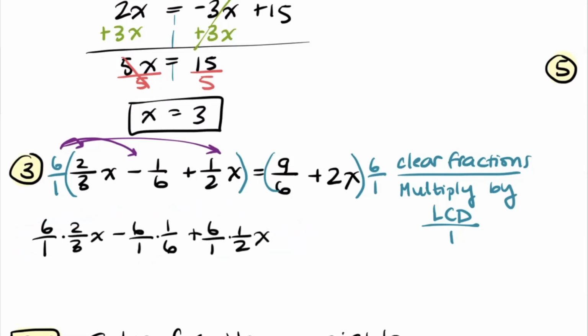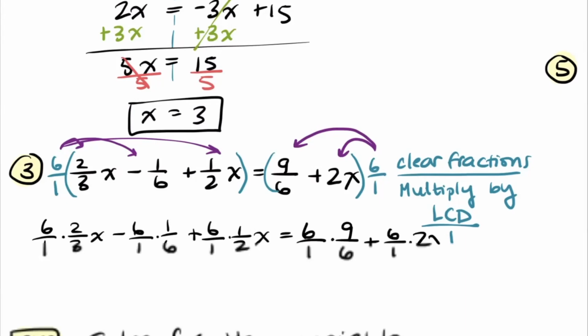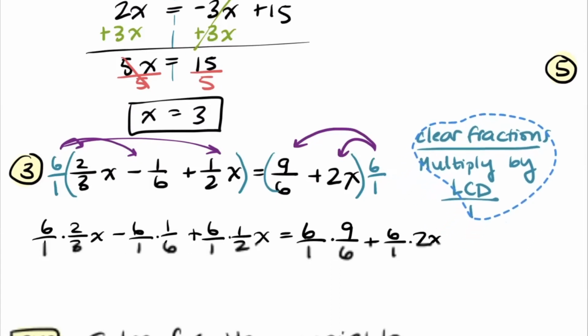On the right side, same thing, we're going to have to distribute this into the parentheses. So I'll have equals, I'm going to put it in the beginning, even though it's on the right side, we can multiply it on the left. So 6 over 1 times 9 over 6, and then plus 6 over 1 times 2x. I'll just move this over.